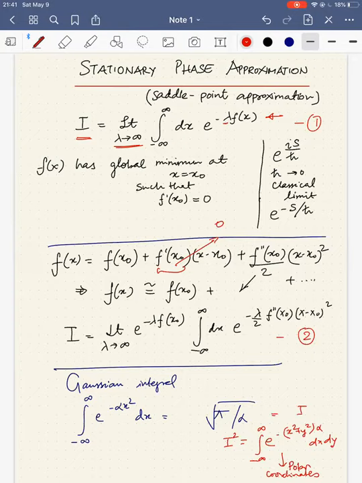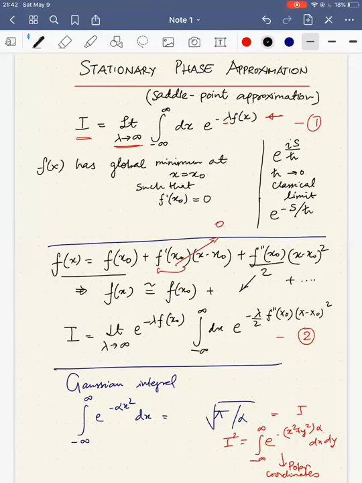We'll assume that f(x) has a global minimum at x equal to x naught, such that f prime of x naught is 0. Then we can write f(x) as f(x naught) plus a term which goes to 0 because of the fact that it is a global minimum, and then you have the second derivative term.